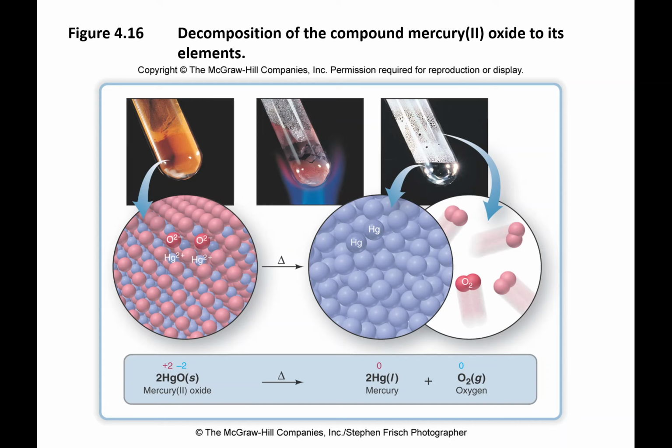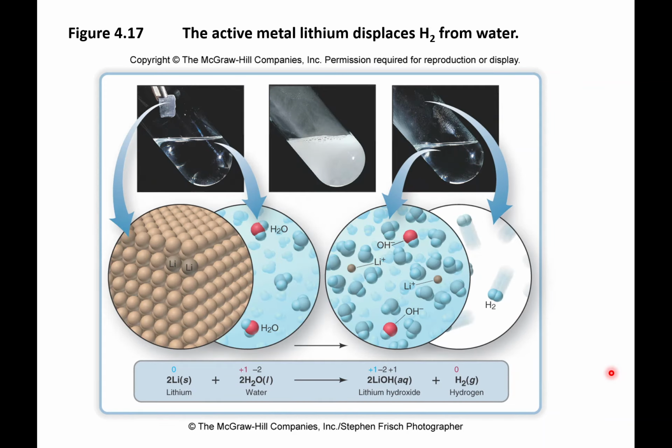Decomposition. This example shown is mercury oxide. Okay, that ionic compound, you heat that up, and what's going on here is the oxygen gas is leaving and you're left with not solid but liquid mercury. Okay, and that would be an example of a decomposition. Okay.